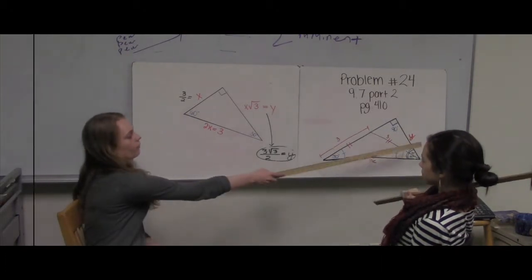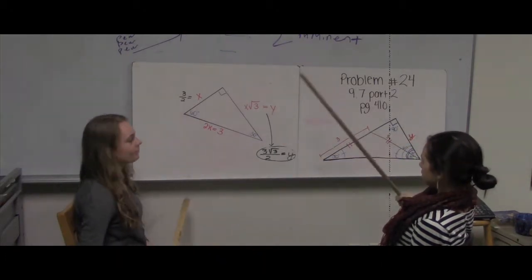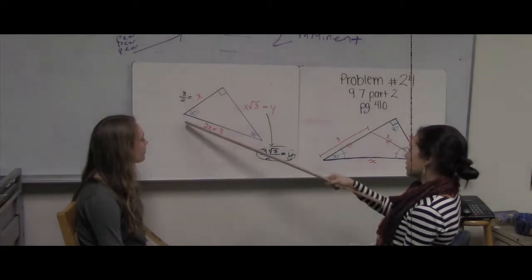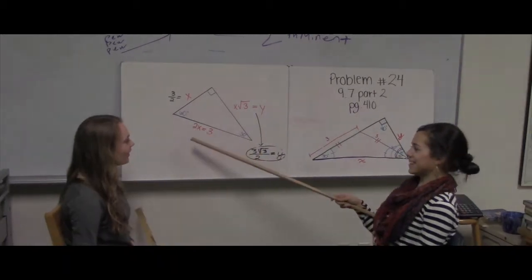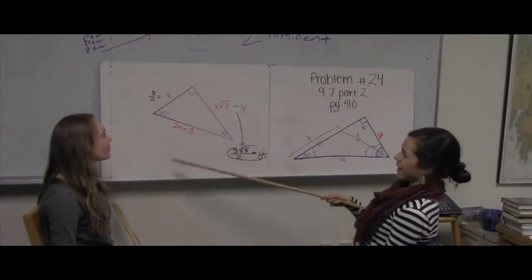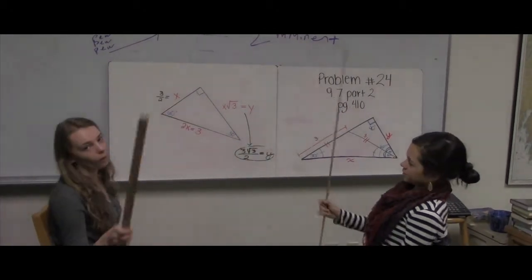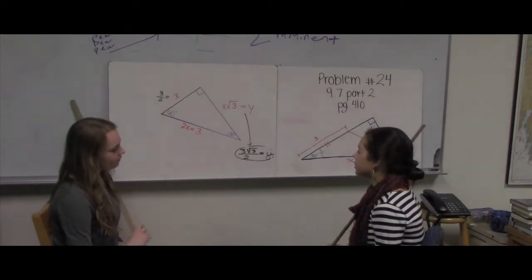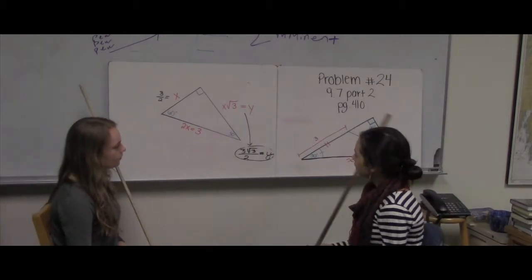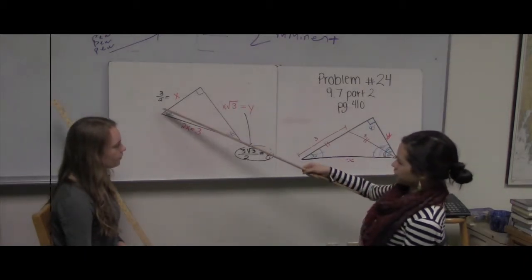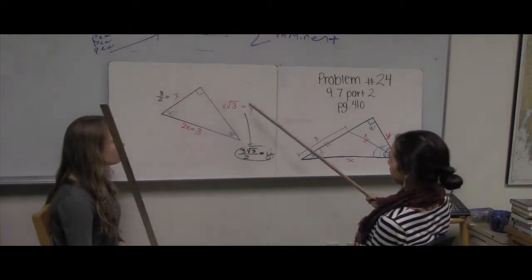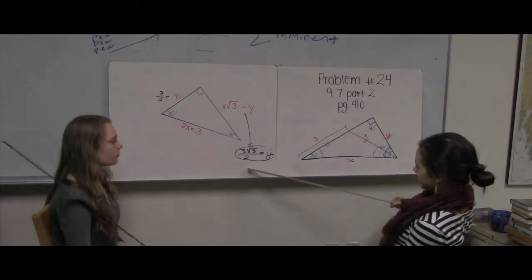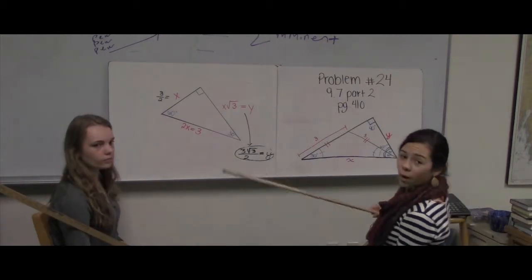Since we know this side length is 3, and that has to be 2x, we know that x is 3 halves, or 1.5, but it's easier to write it as a fraction. So if x is 3 halves, then y has to be 3 halves times the square root of 3. So that's how we got y.